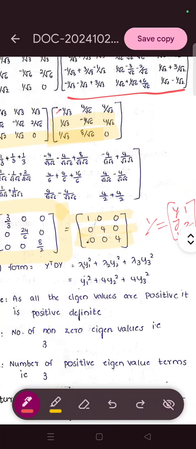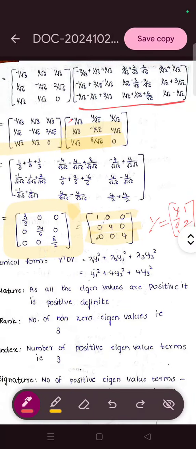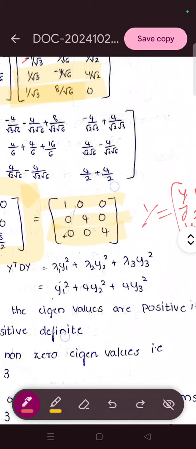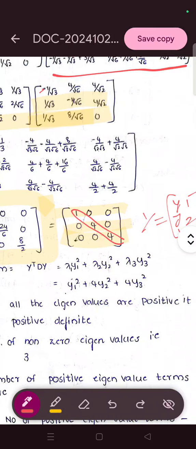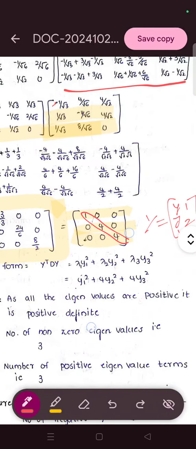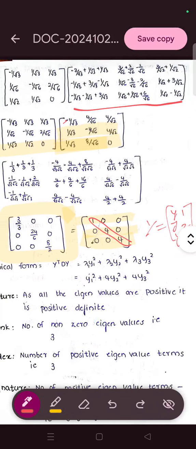Previously we wrote a matrix form as a quadratic form, right? So you can simply use that. First we write the equation for the quadratic diagonal elements. So that is y1 square plus 4y2 square plus 4y3 square.